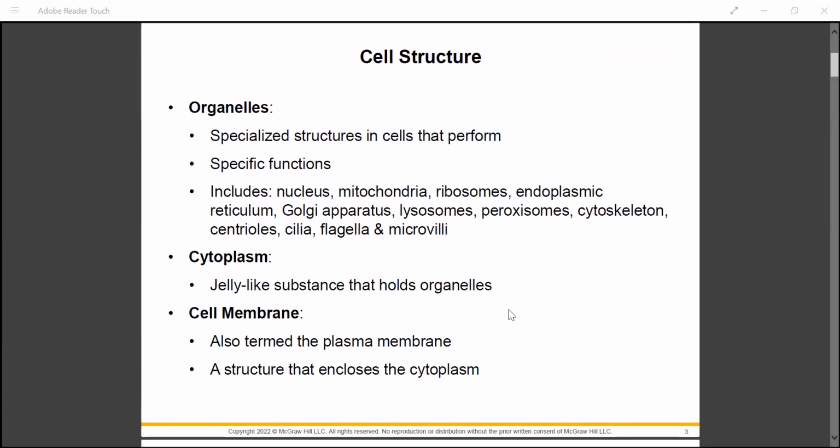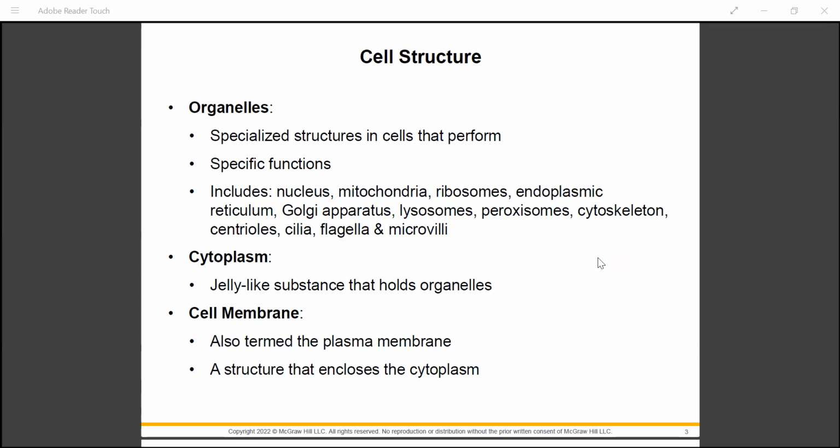So general cell structure, the outer portion of our cell is going to be known as the cell membrane. We can also call this the plasma membrane. And this structure is what encloses our cytoplasm. And our cytoplasm is a jelly-like substance that kind of holds our organelles in place. Our organelles are specialized structures in cells that have specific functions.